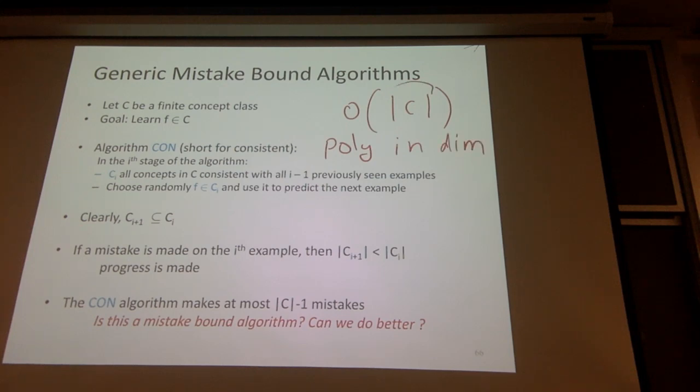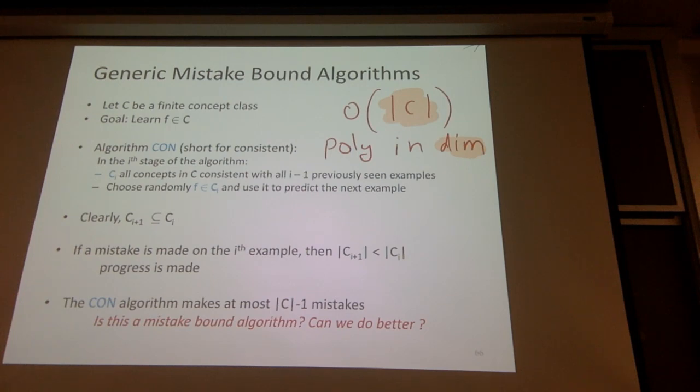Which means you need to relate this quantity here to the dimensionality. If you can show that for a concept class, the number of functions that exist is polynomial in the dimensionality, this algorithm is mistake bound. If not, it's not. So the answer to that question depends on what the concept class is and what you can do with it.